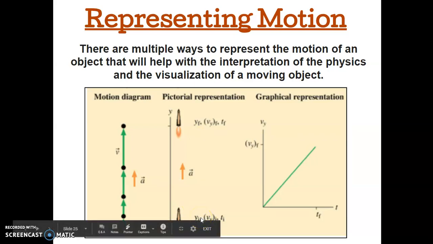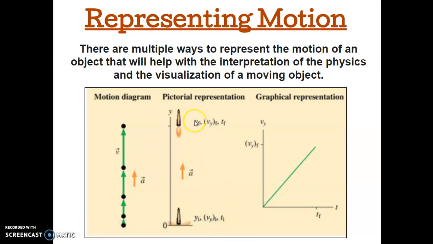This is the initial position at time t_i, and it started with velocity v subscript y. That is the velocity in the y direction at the initial position. Same thing up here. So we end up at position y subscript f because it's the final position. This is where we end up.